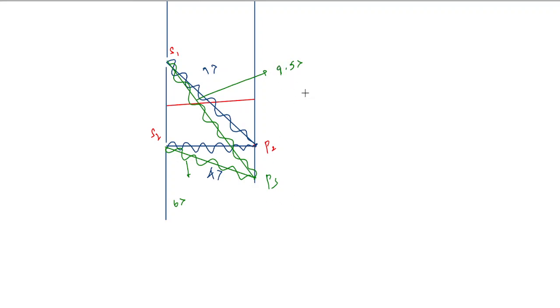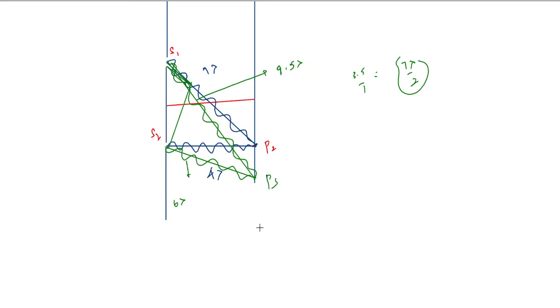In this case, the difference of 9.5 and 6 lambda would be 3.5 lambda, which is 7 lambda by 2. So this would give rise to destructive interference. Again, if we drop a normal from here, this would be the extra distance traveled.